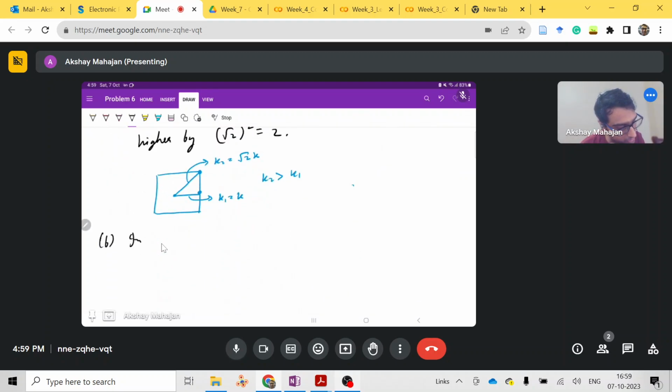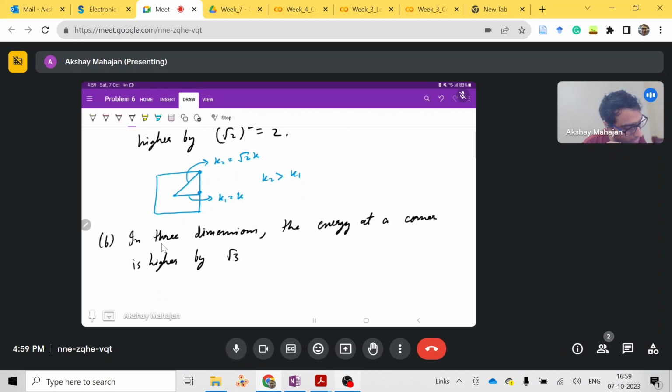So in 3 dimensions, the energy at a corner is higher by root 3 whole squared than at the midpoint of a face.